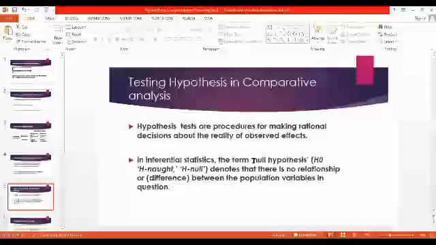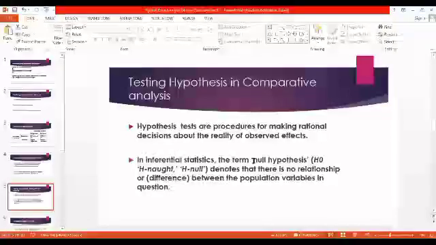For example, if I made an assumption that Group A is not different from Group B, I'll need to run statistical tests to prove that assumption.